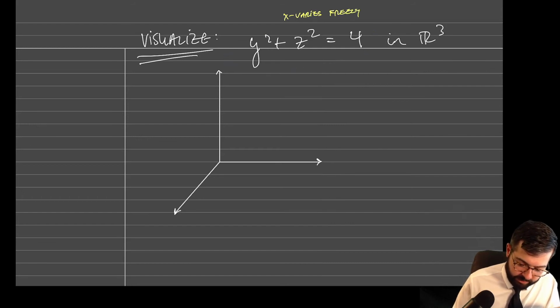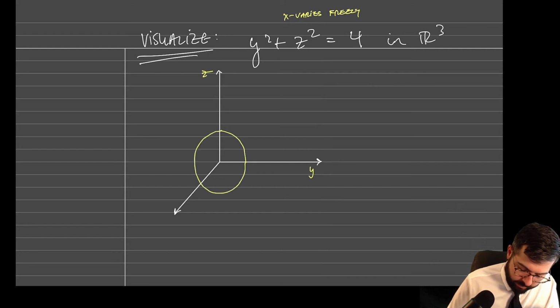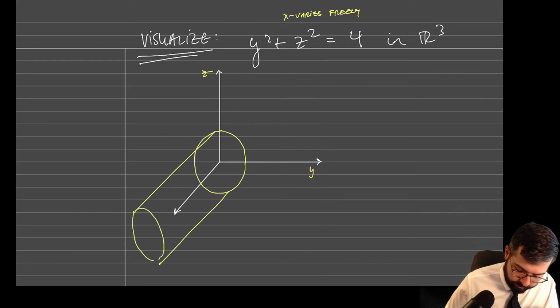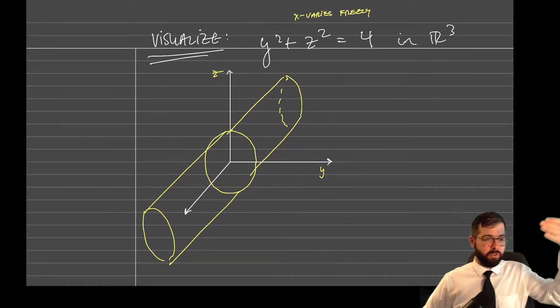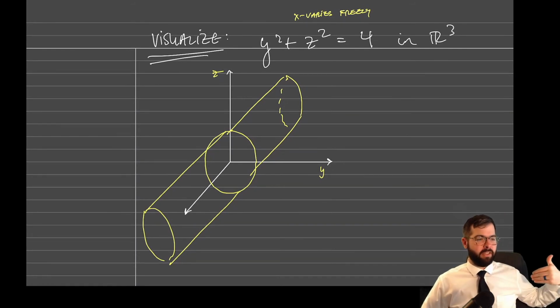So it's really a circle on the YZ plane, looks something like this, and it runs along the x-axis like this. All of its cross sections are circles if you slice them along the x-axis.